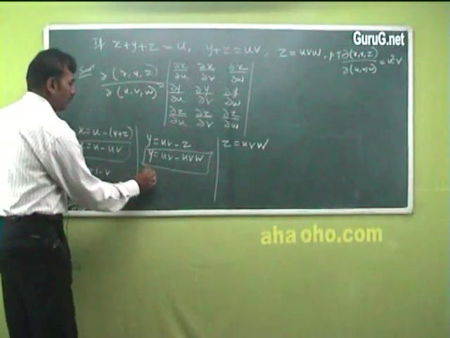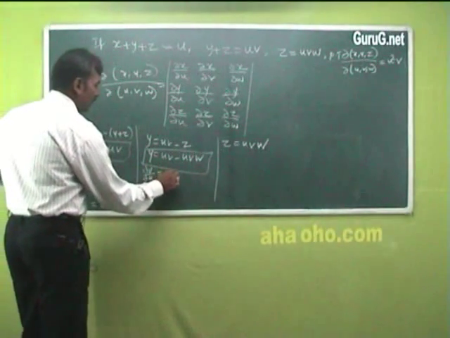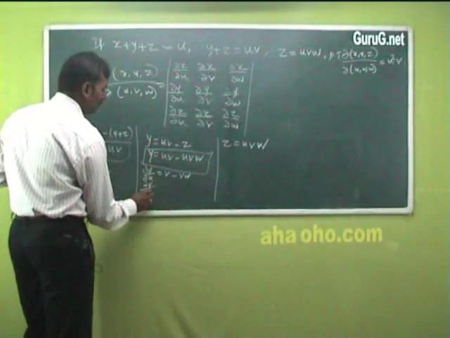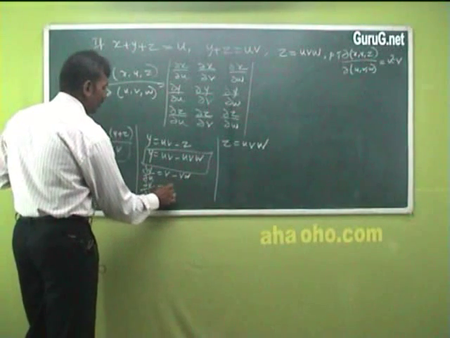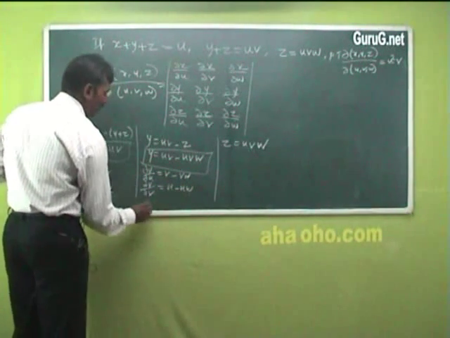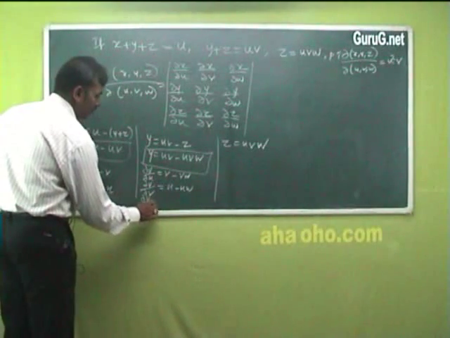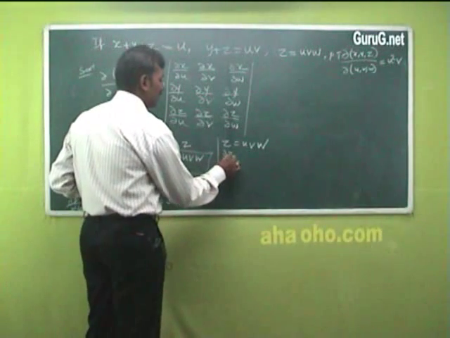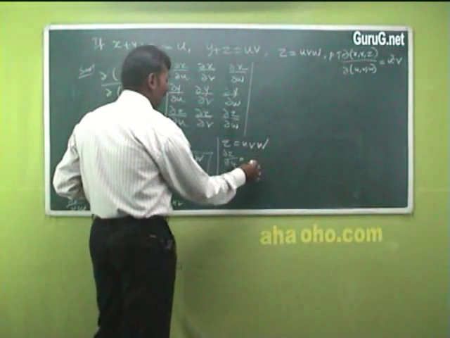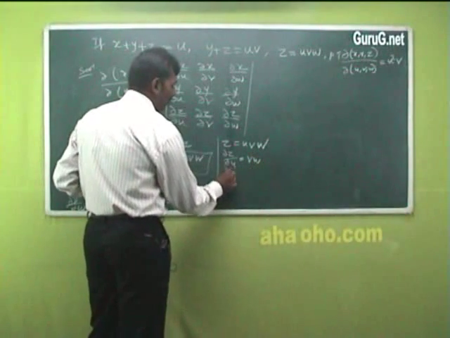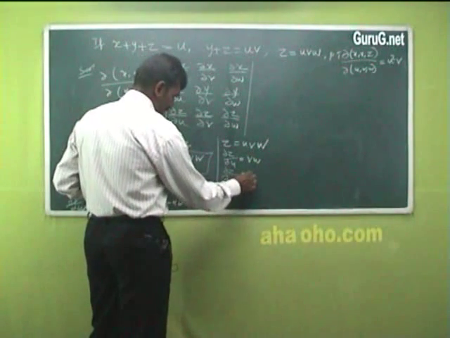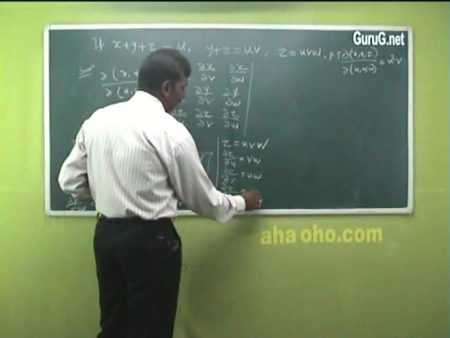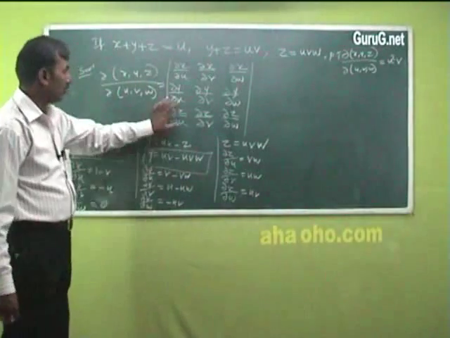Here dou y by dou u is v minus vw, dou y by dou v is u minus uw, then dou y by dou w is minus uv. Then similarly dou z by dou u equal to vw, dou z by dou v equal to uw, dou z by dou w equal to uv.